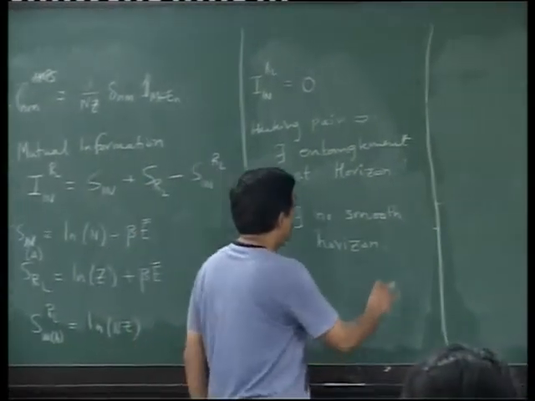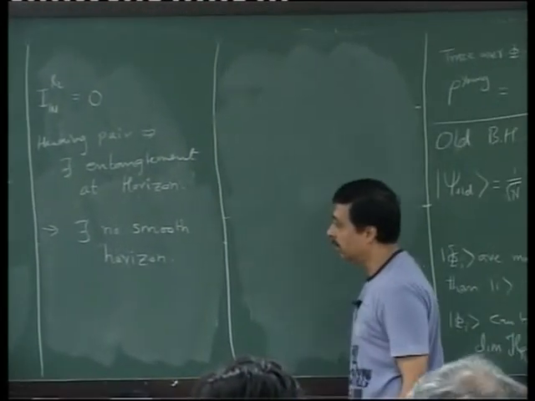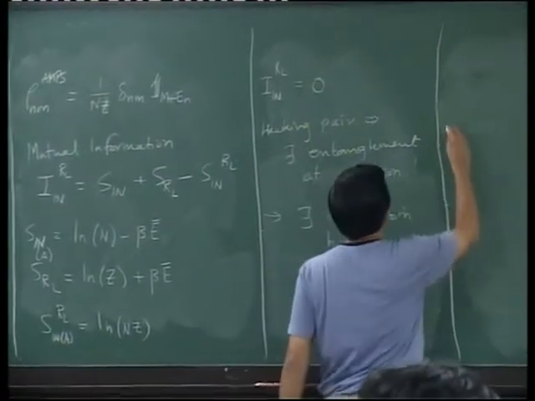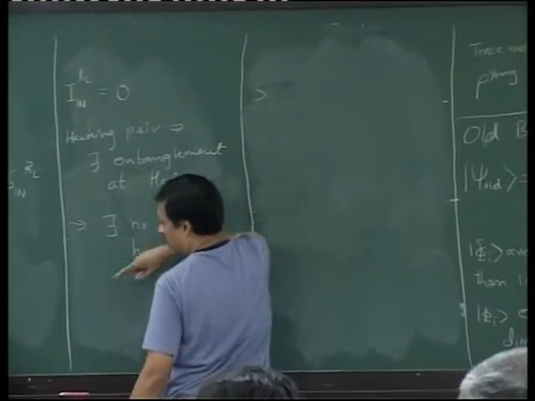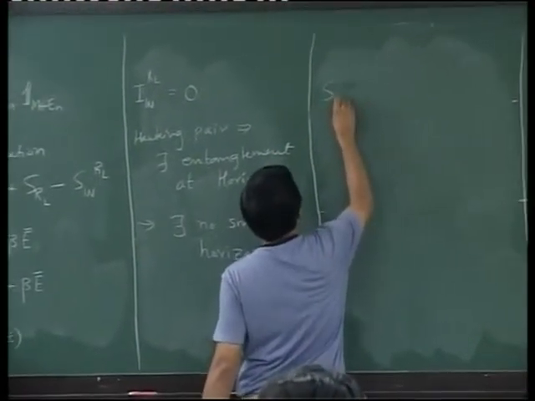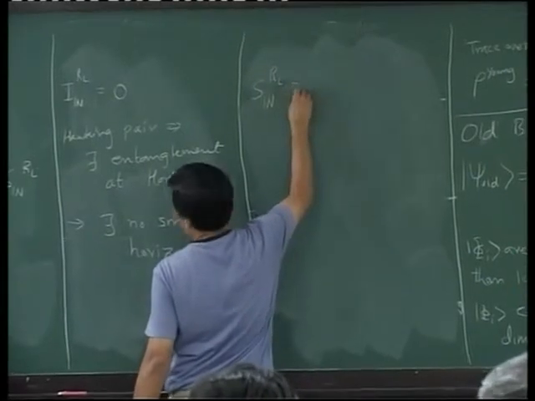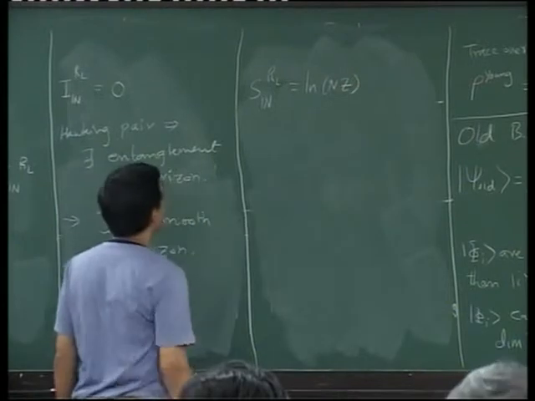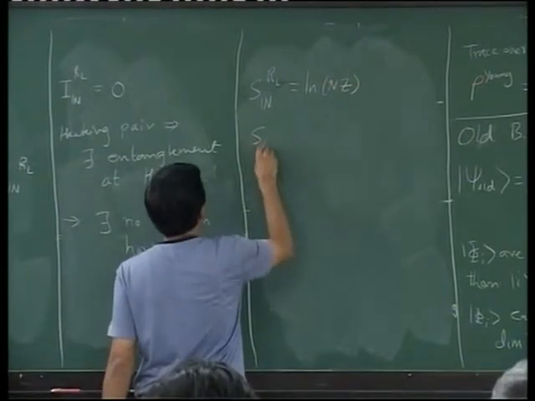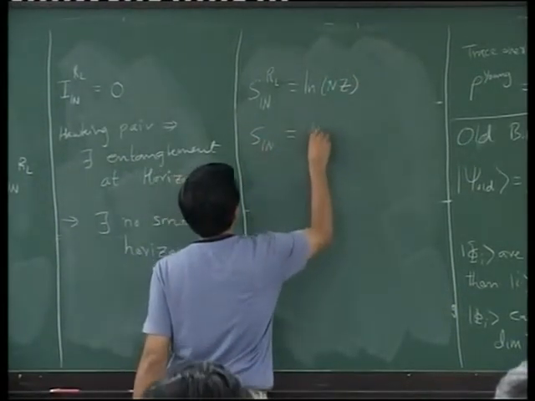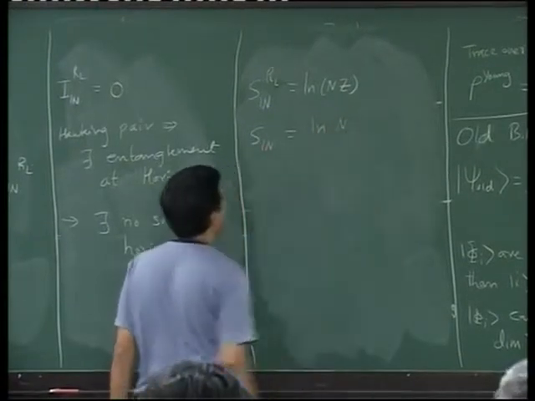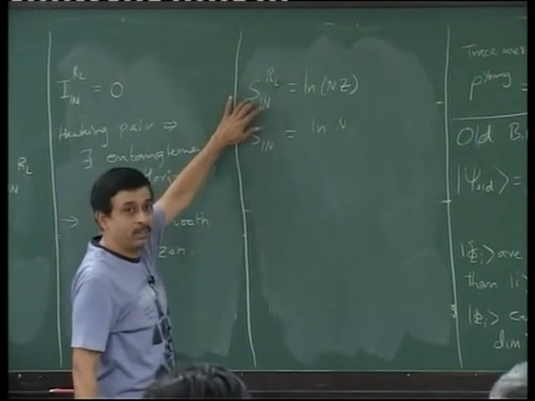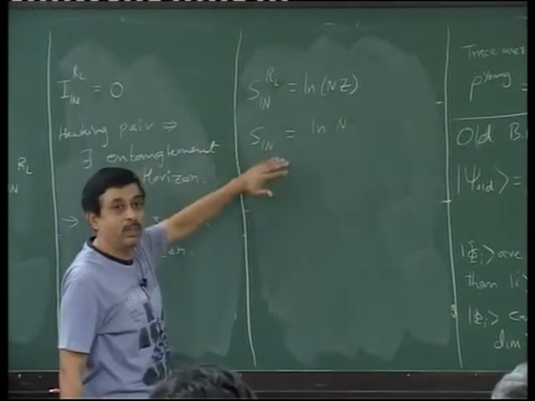Okay, so let us try to understand what has happened here. First thing that you find is that in the Page argument, the mutual entropy S in RL is equal to log of NZ, whereas the entropy of the black hole itself is log of N. So the shared information or entropy is larger than the black hole entropy itself.